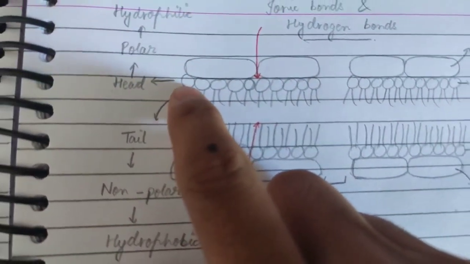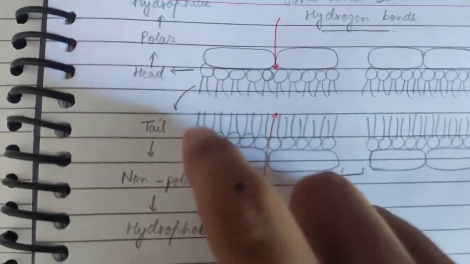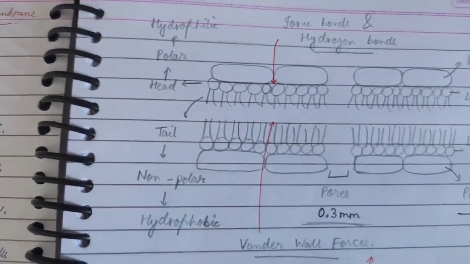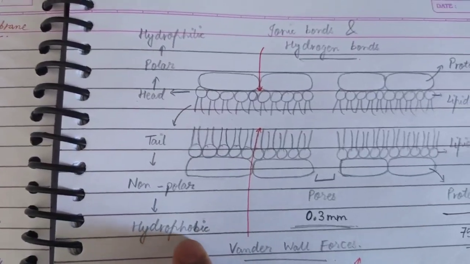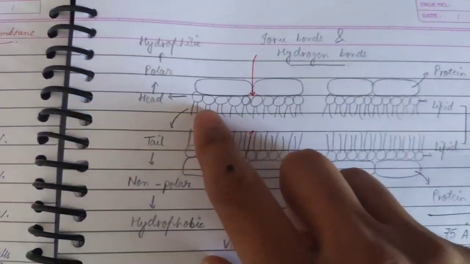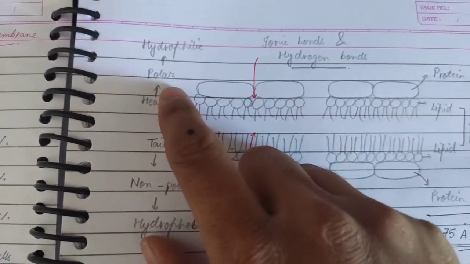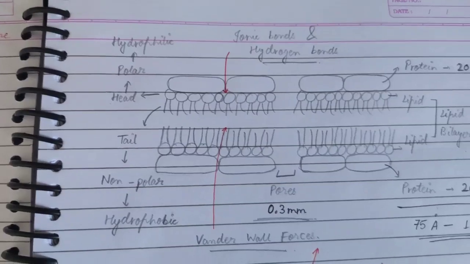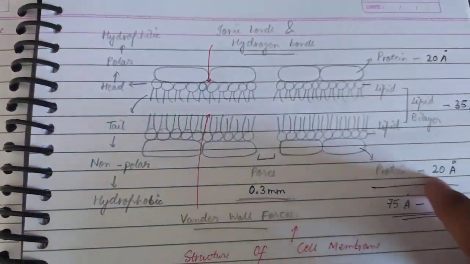This round part above is the head part and this one is the tail part. Now the tail is non-polar in nature, so it cannot dissolve in water, and it is hydrophobic, so it does not like water. And the head is hydrophilic, so it is polar in nature. It loves water. Okay, so this is the basic structure of the cell membrane.